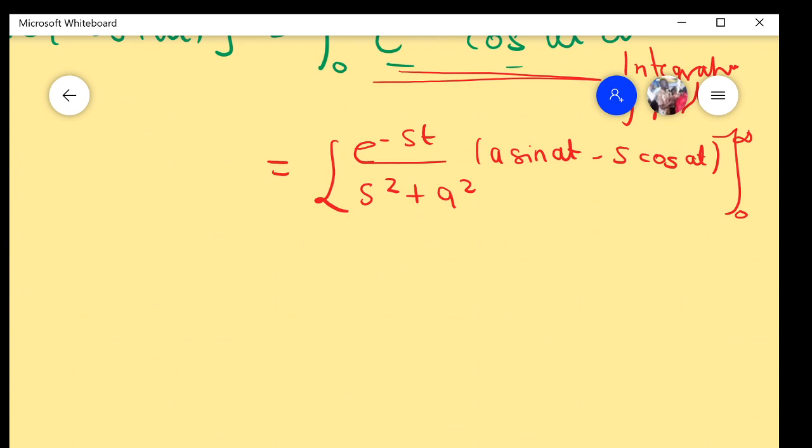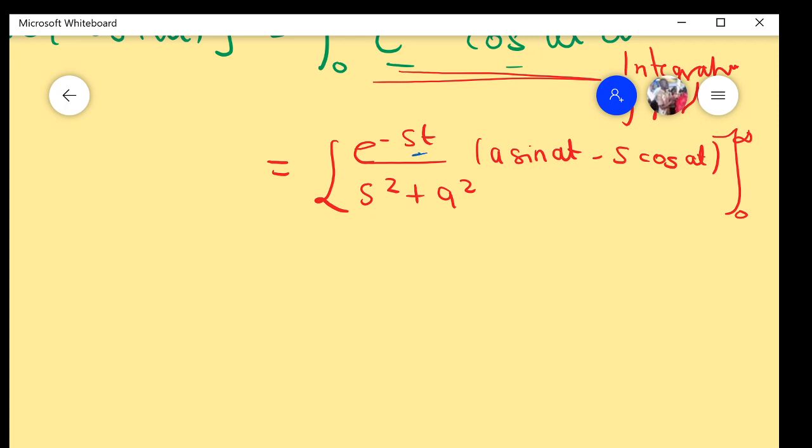Okay, so if you take the same thing like our previous example where we have the exponential part with the infinity, so we have the exponential part here.